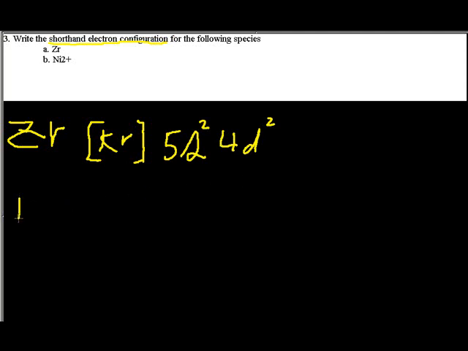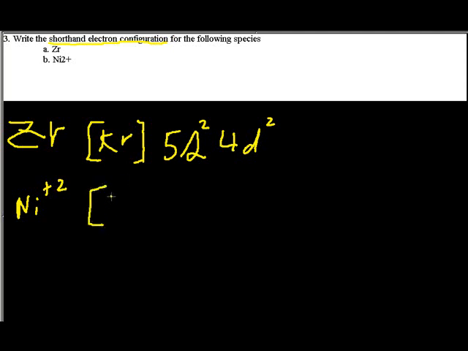Now, how about nickel plus 2? So what we do for nickel is, once again, we're going to find the noble gas that shows up before it. And since the atomic number of nickel is 28, we go backwards from there and find that it's argon.